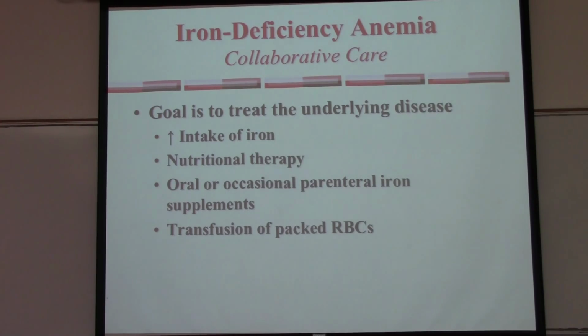Most of your beans, not your green beans. I have yet to find a word that is beans but not green beans. Those are predominantly legumes. And then green leafy vegetables tend to have iron in them. Whole grain and rich bread, cereals and potatoes, those are considered some iron foods.